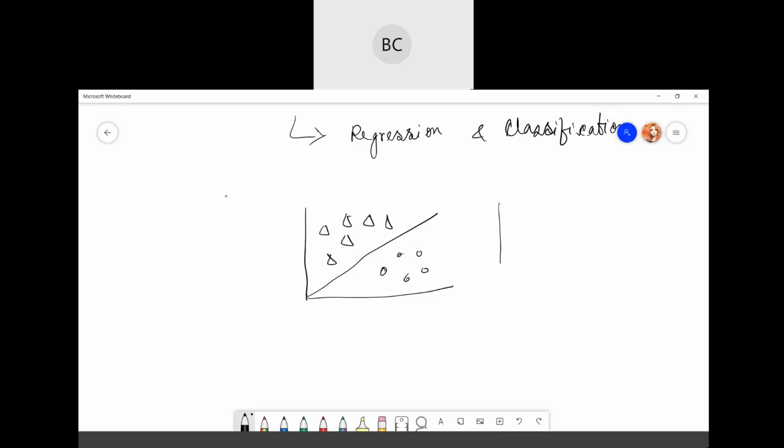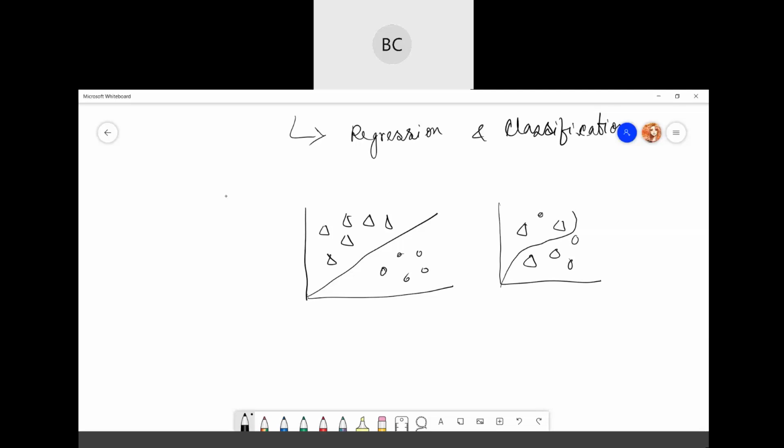When it is not linearly separable, maybe data are mixed. Then you cannot just draw a straight line between two classes.